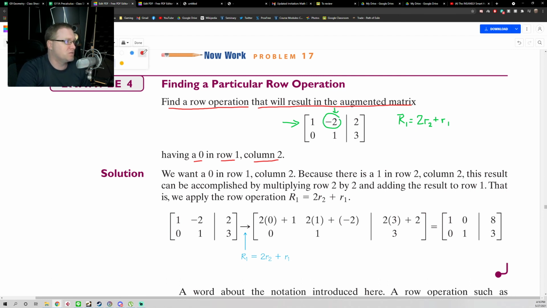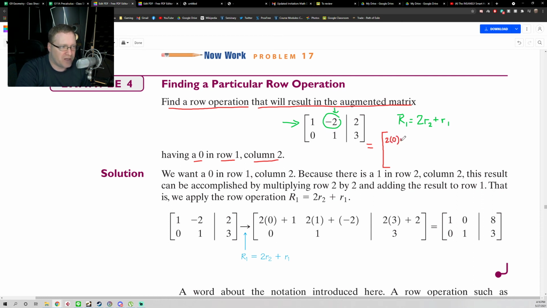So real quickly, let me change to a different pen. All right, so I'm going to write equals. And I'm going to now write our new matrix. So on the top is going to be this. We're going to have 2 times R2, which is the old row 2, which in this one is 0.